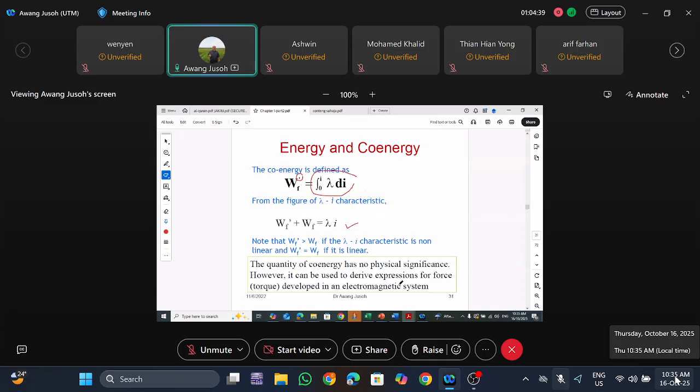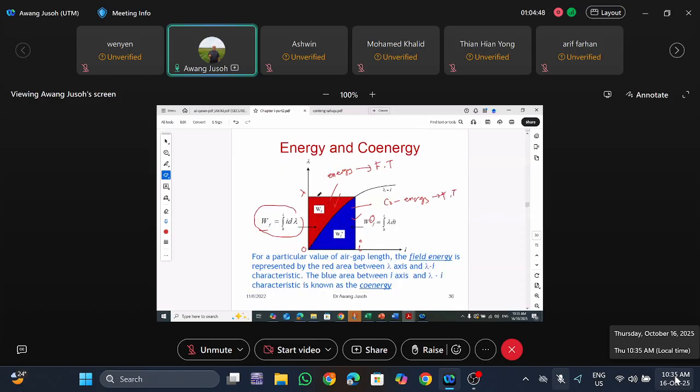In the physical sense, it's nothing. The physical energy is basically W F only. This is the correct one, the real energy stored in the magnetic field. The other is just a way for us to calculate torque and force later on. So we find energy or co-energy, and from that we calculate the torque or force. Then depending on the system, we have to see whether it is singly excited, one wire only, or doubly excited, two wires, and so on. There are many kinds of systems we will see later on.